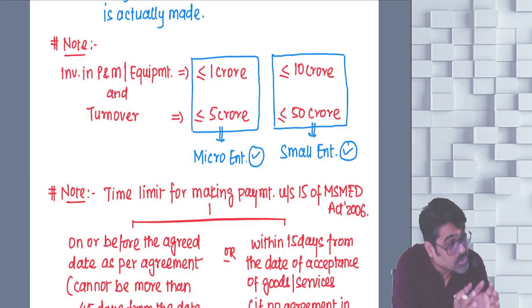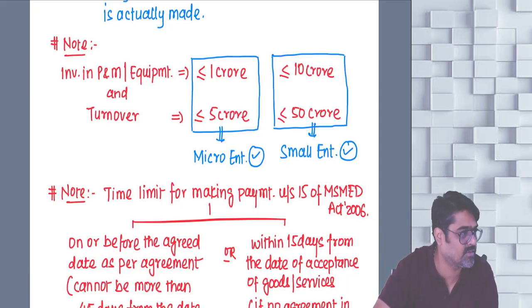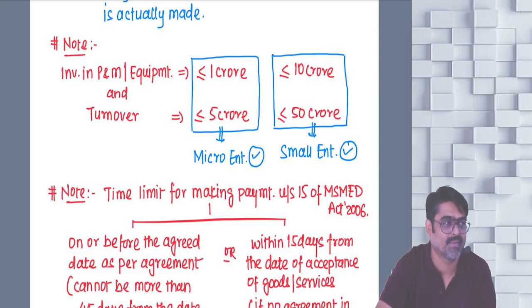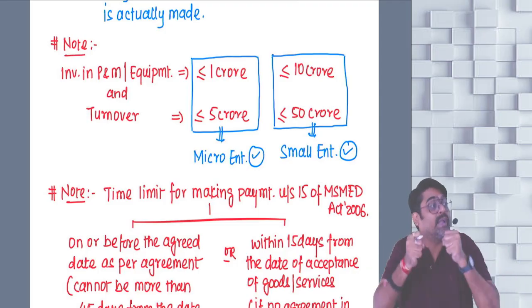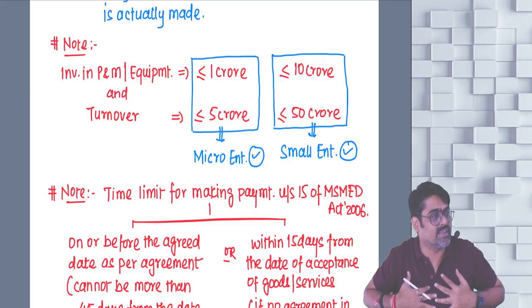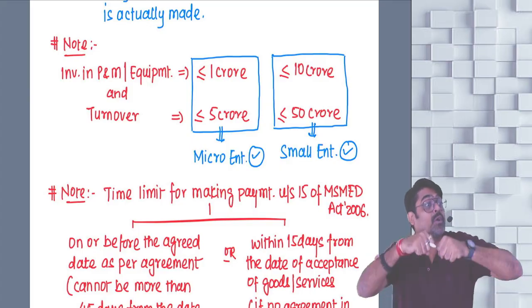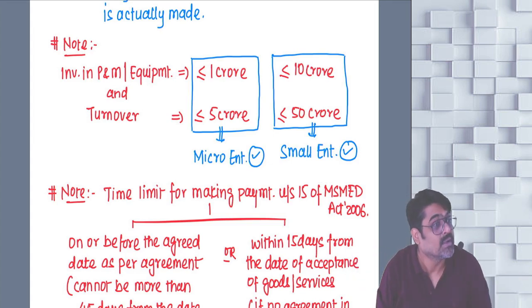That was actually affecting these small and medium enterprises. So the government came up with an idea that these big organizations are exploiting these small and micro enterprises, buying goods and services from them for their business or profession and not making the payment on time.